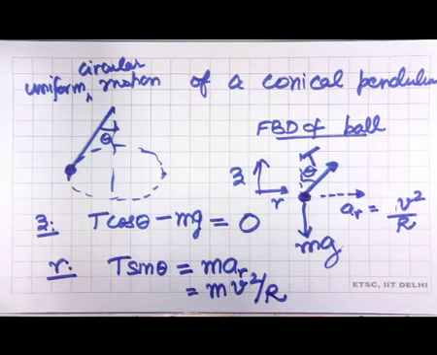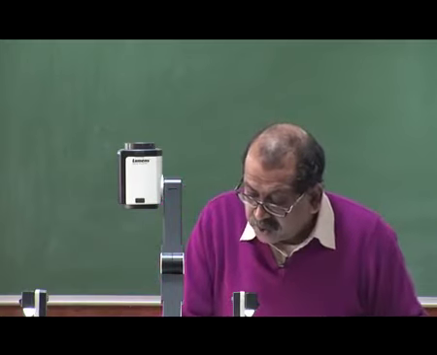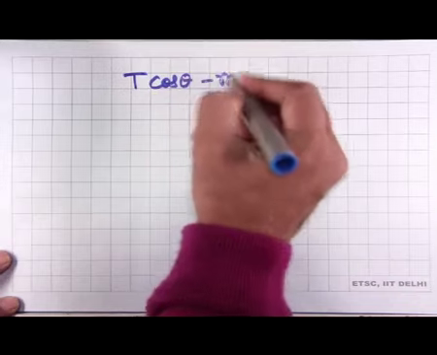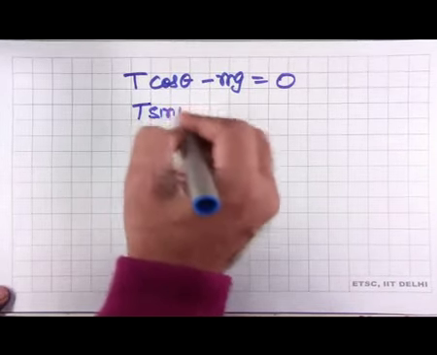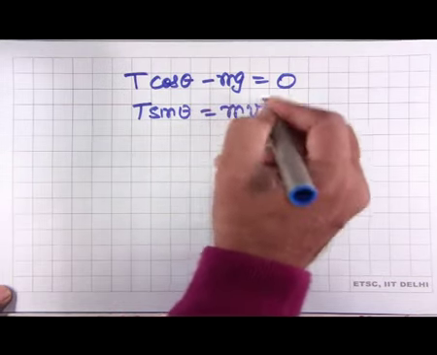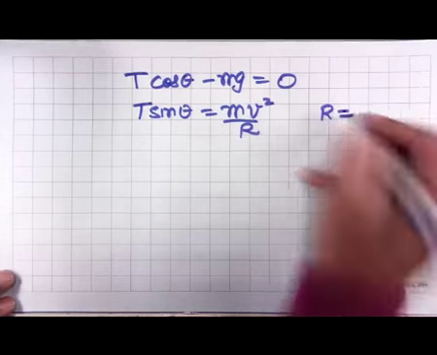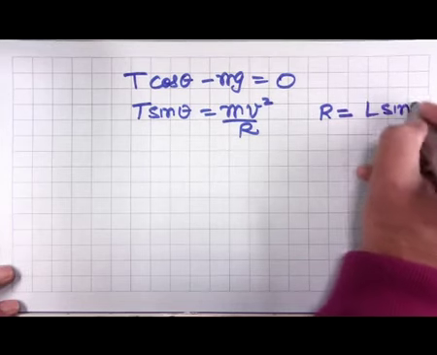So we have these equations: T cos theta minus mg is equal to 0, and T sin theta is equal to m times v square upon r. And we have shown that r is equal to L sin theta.